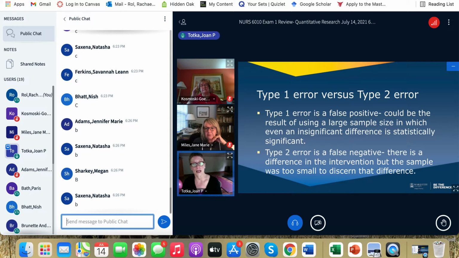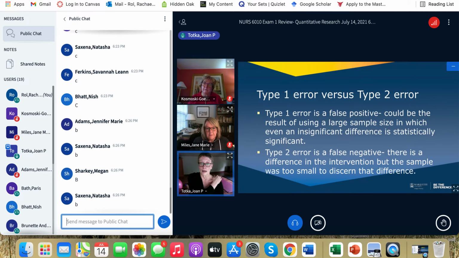So type 1 versus type 2, this is something that you do need to know about. Type 1 error is a false positive. And this could be the result of using a large sample, because you're actually looking at 50,000. Even a small, clinically insignificant change is often going to be statistically significant, even though it really has no meaning.